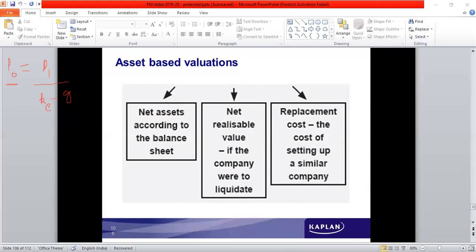So valuing the business with the help of an asset based model brings certain advantages and disadvantages. They have already presented the assets at a book value, after making deductions in the form of depreciation and all. So it gives a rough idea about the value of the business, because they are all recorded in the books of accounts, so the estimated value of the business can be known.